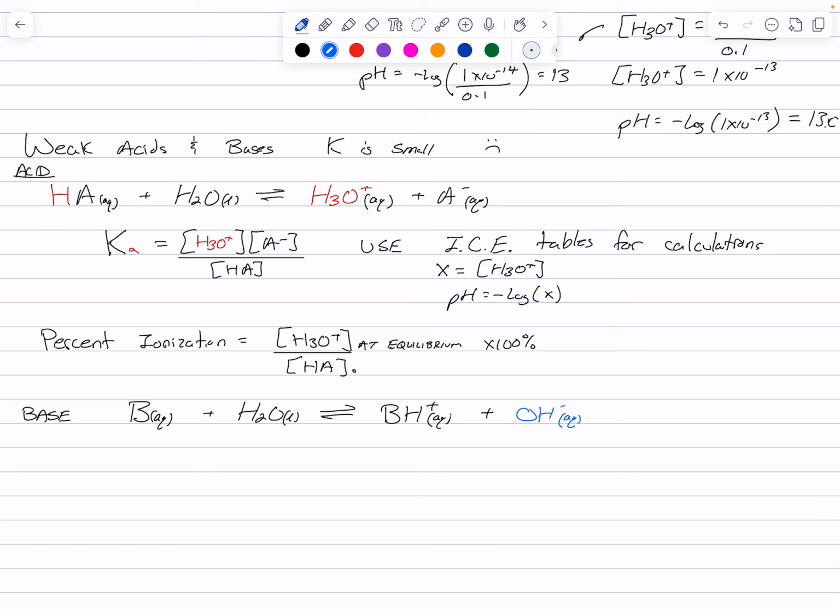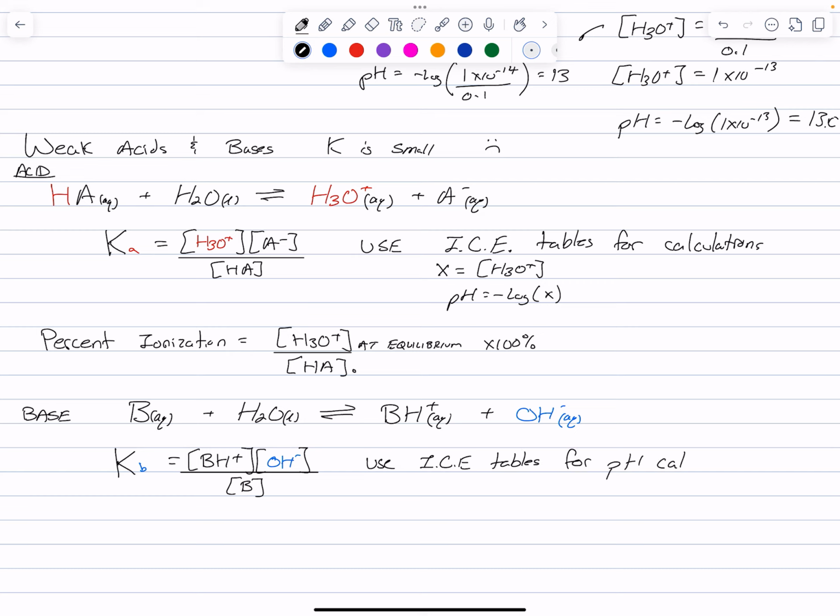And we're going to have Kb, which is equal to the concentration of BH plus times our hydroxide, all over the concentration of base B. And again, we're going to use our ICE tables for pH calculations.